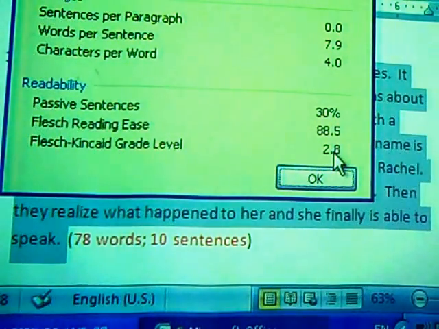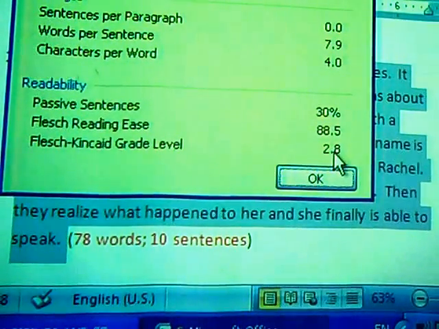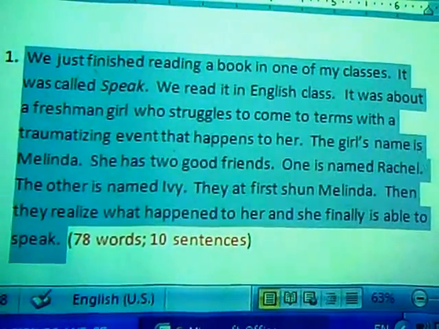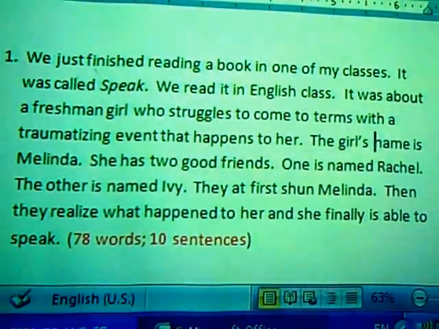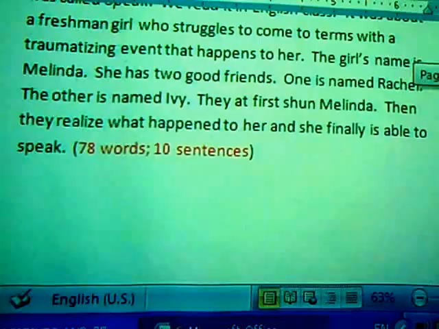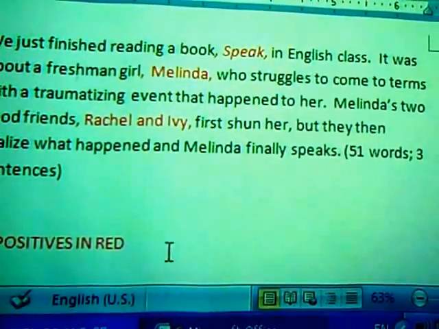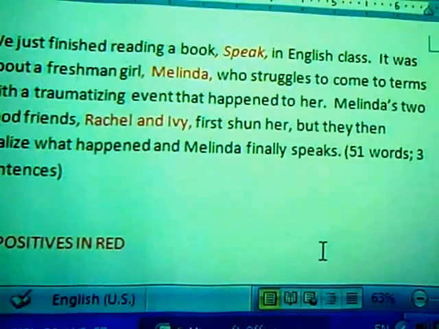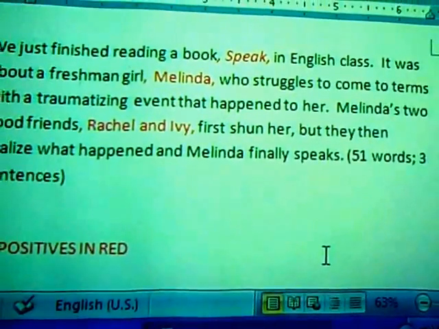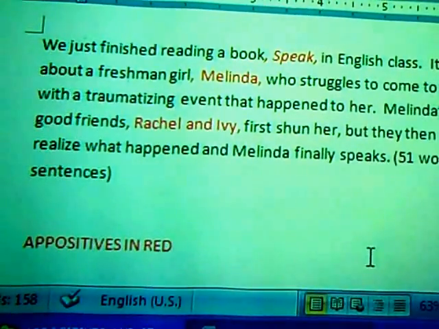Okay? So coming back to our initial definition of an appositive, a word or a group of words that helps describe, rename, or give information about a noun, let's take a look at what a rewrite might look like. And here you can see I've indicated the appositive phrases are in red.